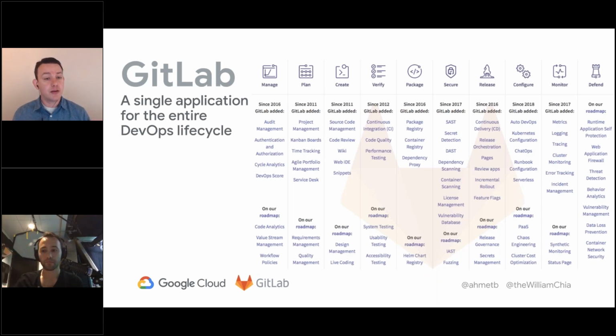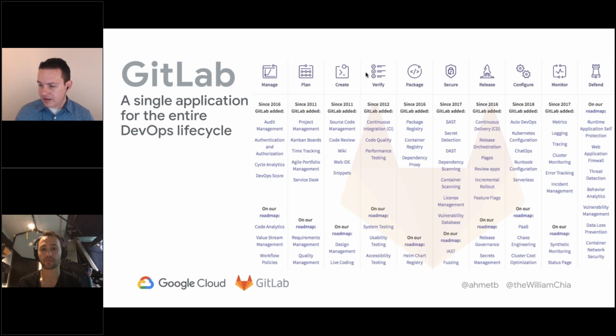So when you're ready to automate those deployments, GitLab has tremendous CI/CD. What you may not know is that GitLab also has a whole slew of other capabilities, everything from project management through to release management, configuration, even monitoring and security capabilities. So what you're seeing on the slide right now is actually a screenshot of our homepage that shows all the categories that we have functionality in, and even some that are coming up on our roadmap.